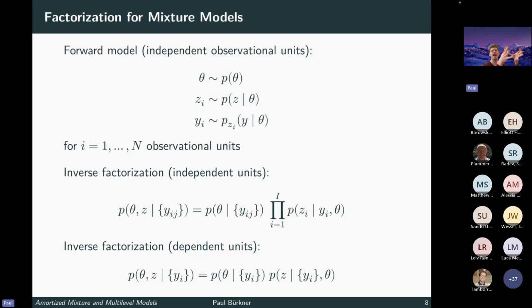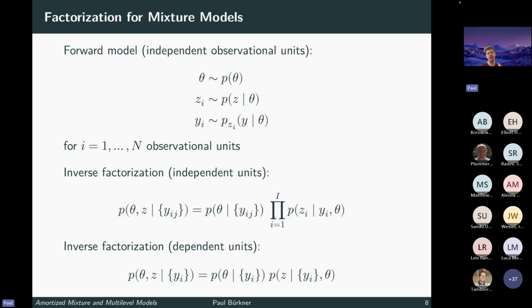So we would first learn the hyperparameters from all data, and then we would have a specific posterior distribution for the Z's mixture index, given now only the specific observations belonging to that observational unit and the overall hyperparameters theta.